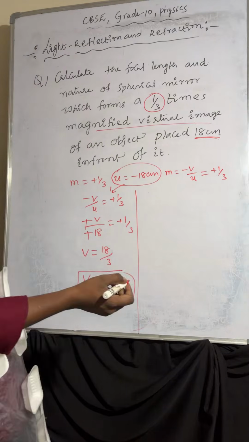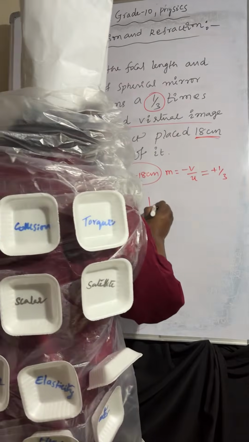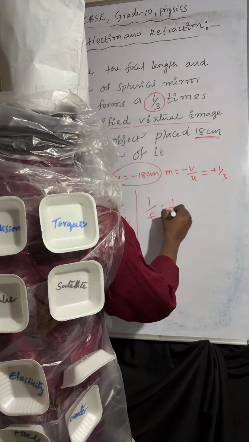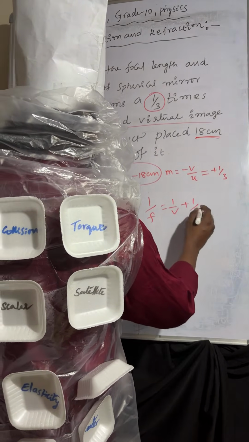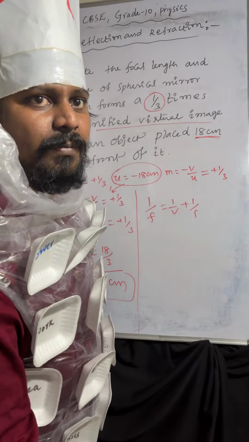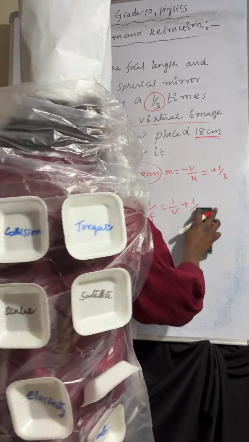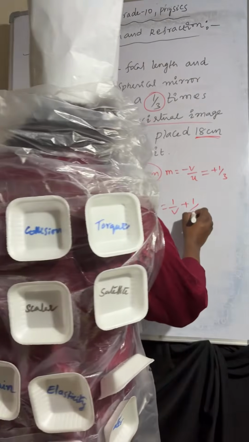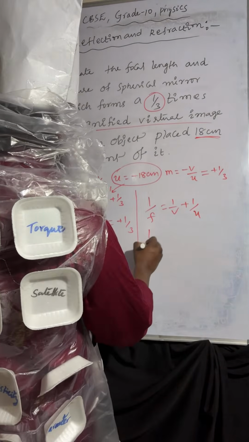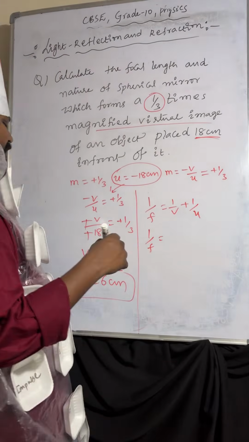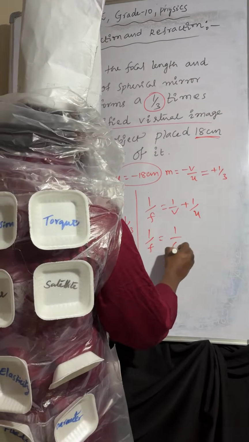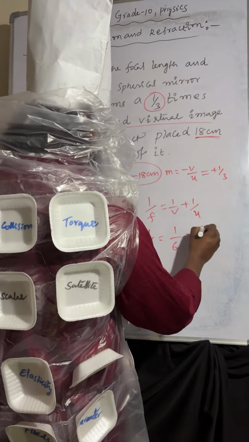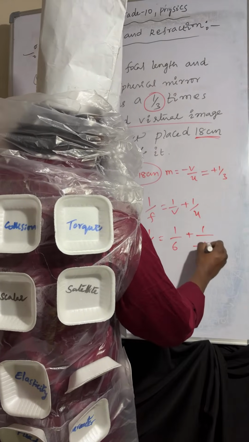So we know the formula 1 by f equals 1 by v plus 1 by u. That is 1 by f equals 1 by 6 plus 1 by minus 18.